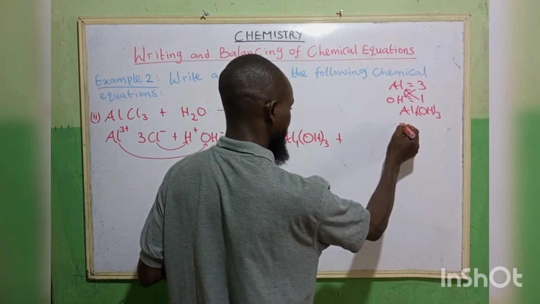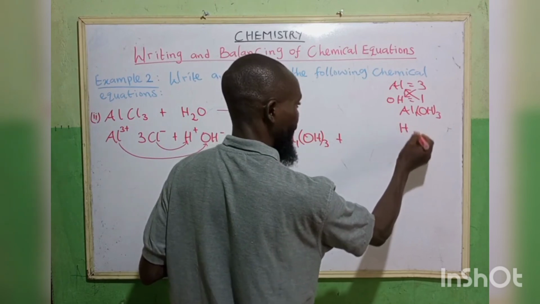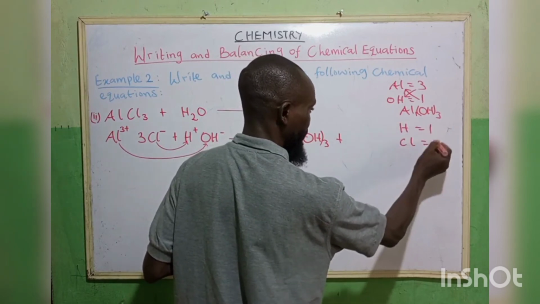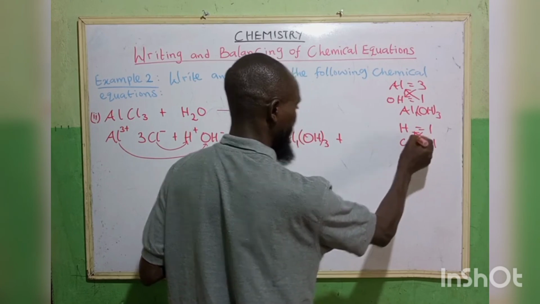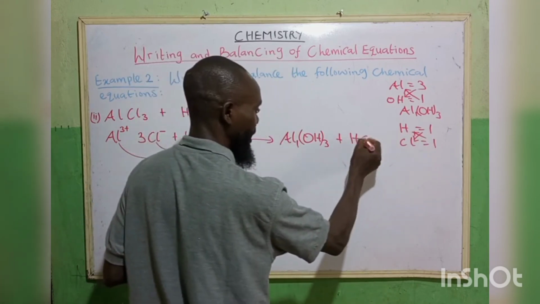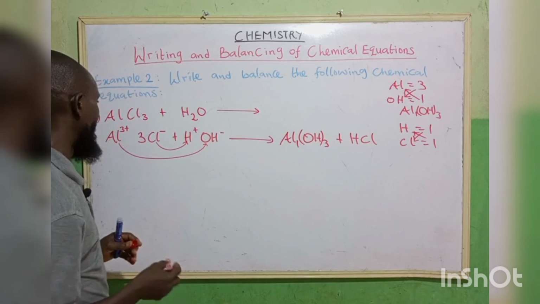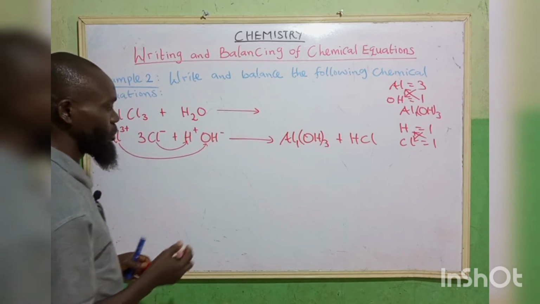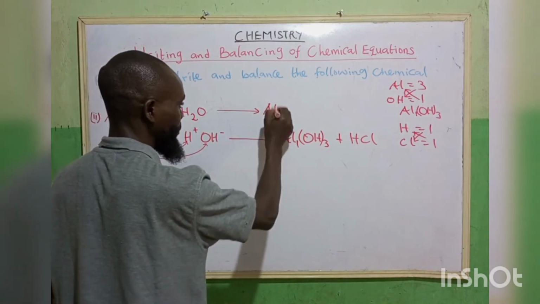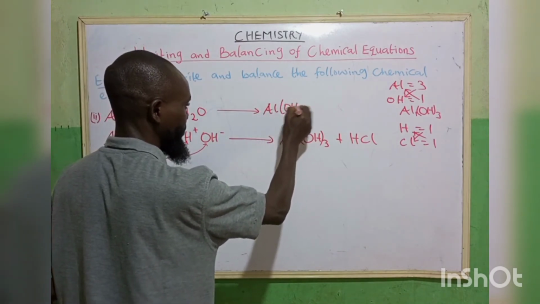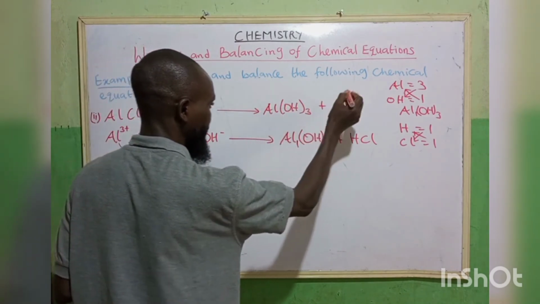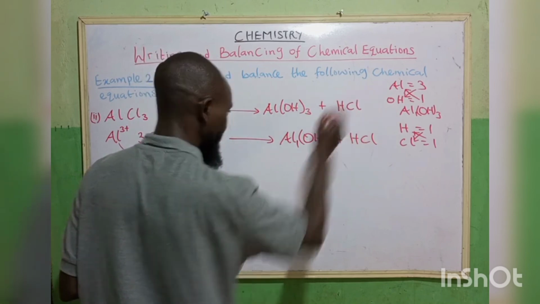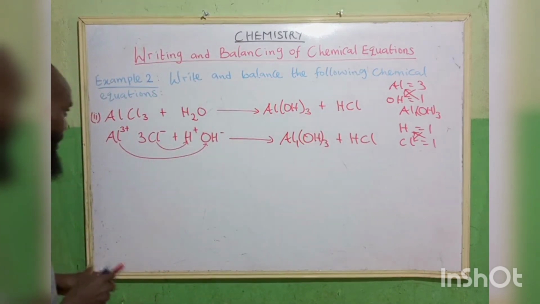Hydrogen having 1, chlorine having 1. So if you cross multiply, you are going to have what? HCl. So which means when aluminum chloride reacts with water, we are going to have aluminium hydroxide plus HCl. Now, let us balance it.